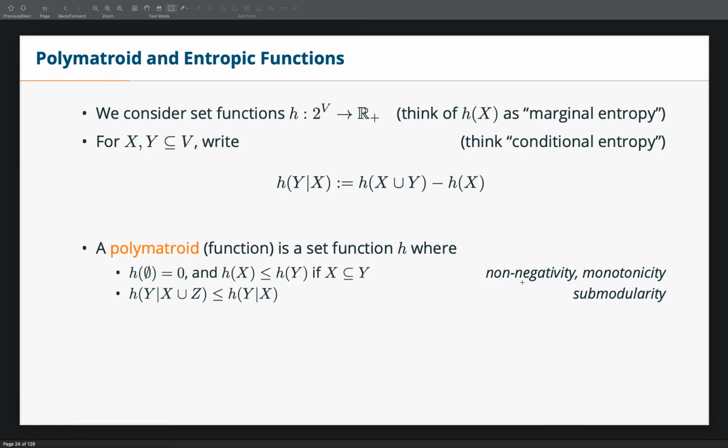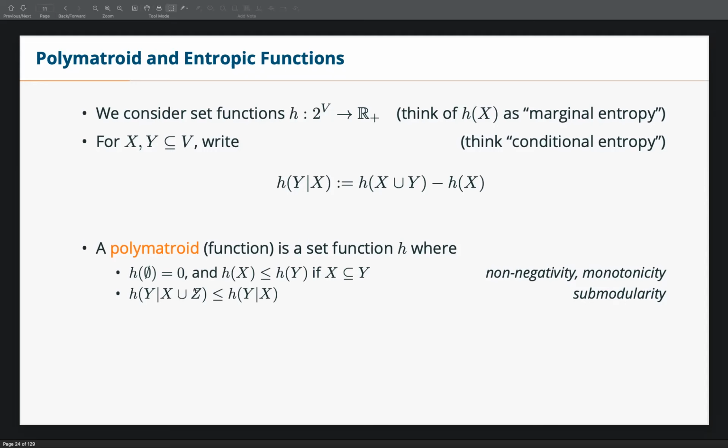And then submodularity, which says that if you know more, then you'll be less uncertain. So h of y given x and z is certainly less than h of y given x alone, because here you know a little bit more, with z. So the degree of uncertainty you have about y is going to reduce if you know a little bit more. That's all submodularity is. It's a very easy way to remember these inequalities if you think about uncertainty. It's very intuitive.